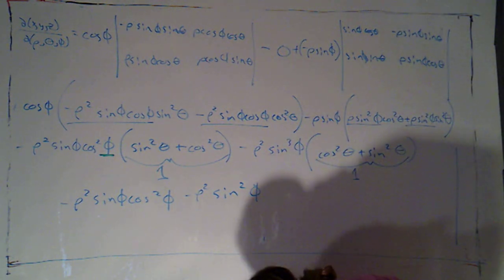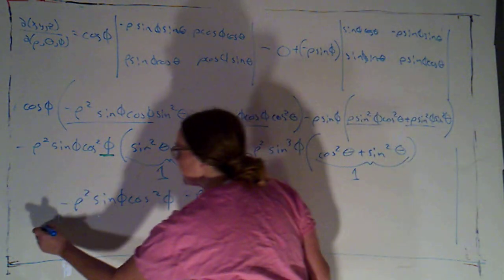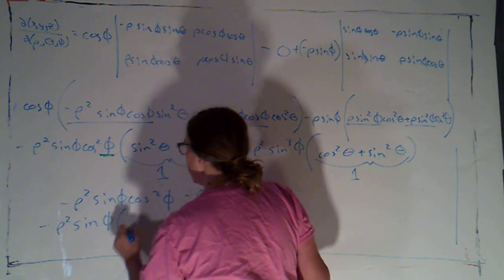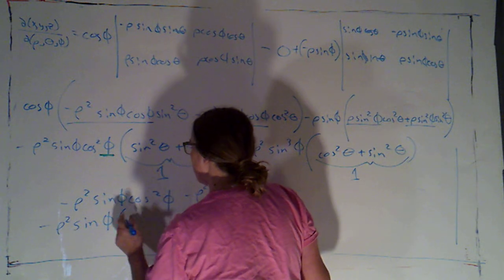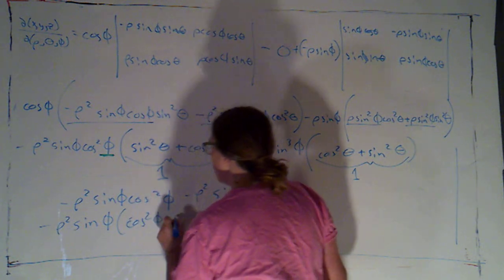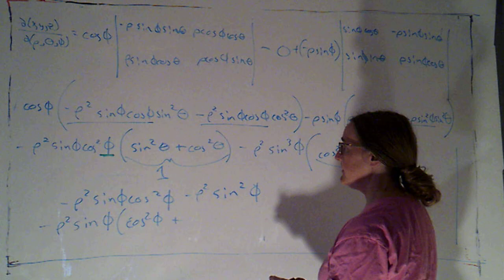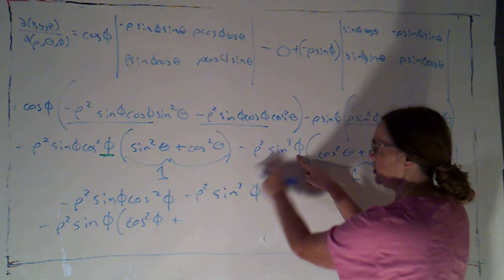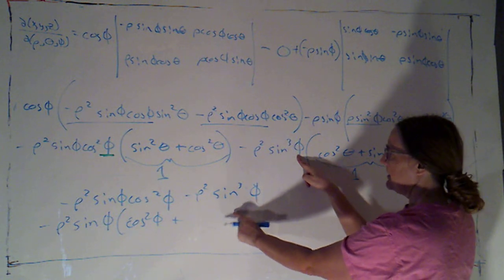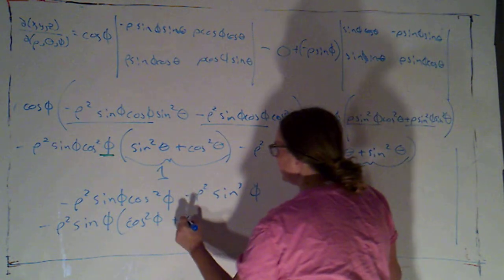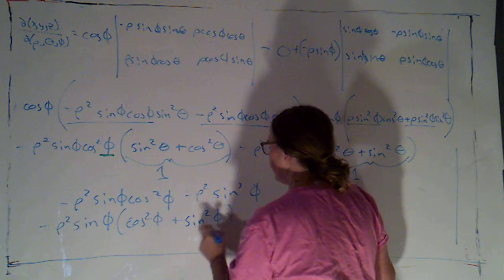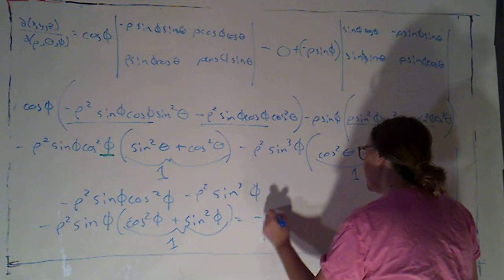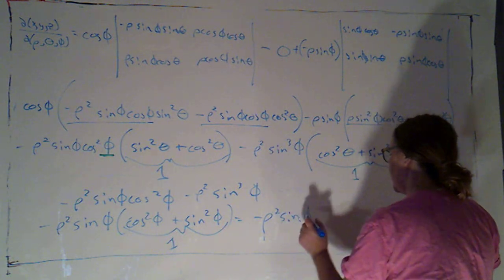Well, I'm going to factor some stuff out. So I'm going to factor out a negative rho squared sine phi, and what's left then is cosine squared phi plus, because I factored out the negative, no, I'm sorry, that was sine cubed phi. Oh my goodness. I factored out one of those sines, got 2 of them left. That's just 1. So we've got negative rho squared sine phi.